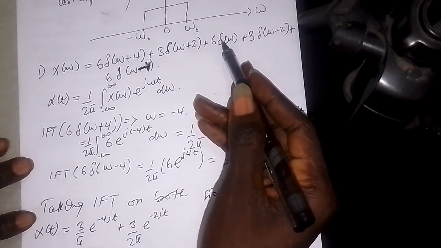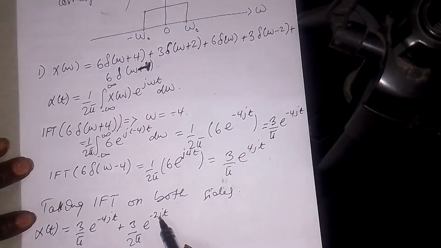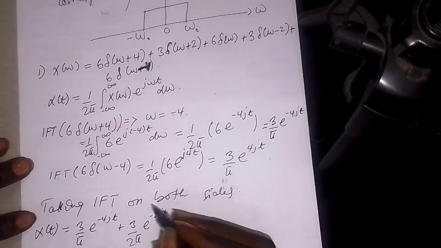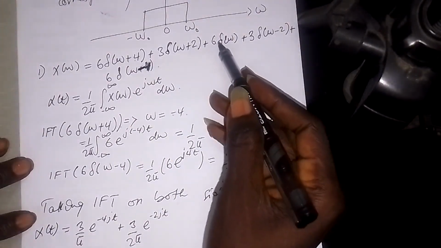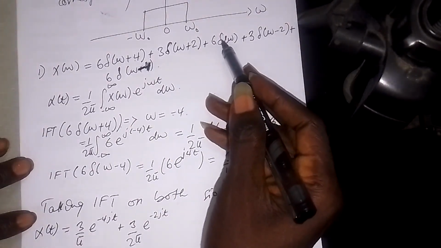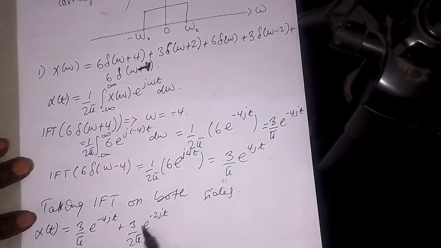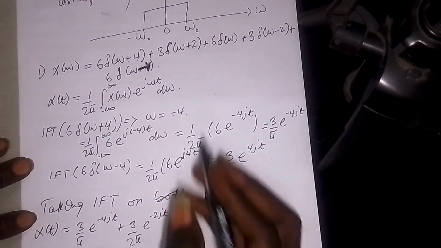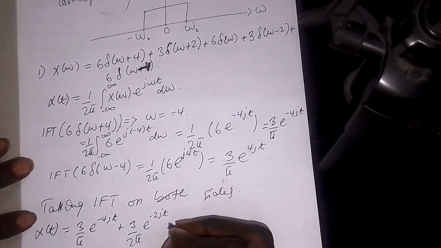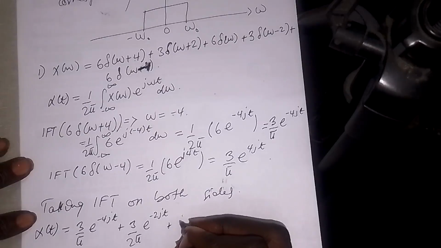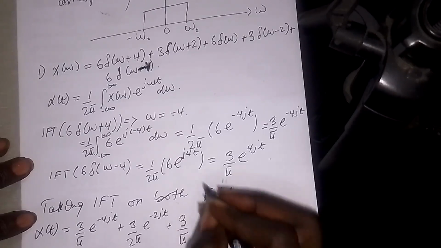So e exponent 0 is 1. If e exponent 0 is 1, then this place will become 1. So I'll have 1 over 2 pi, but it's 6, so plus 6 over 2 pi, which actually gives me 3 on pi.